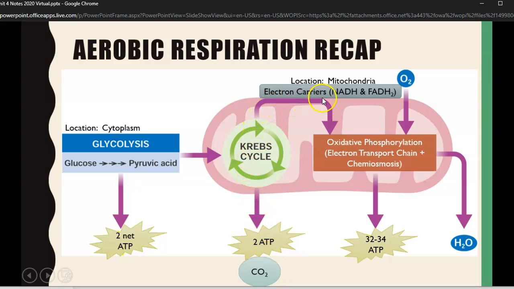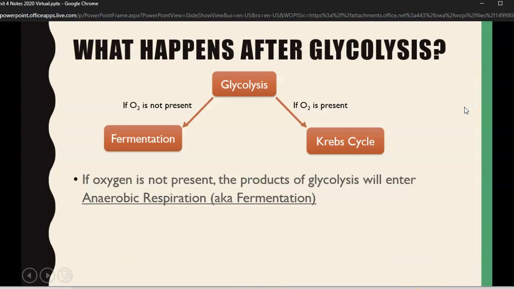Then the electron carriers, your NADH and your FADH2, take it to the cristae where you go through your electron transport chain, which we call oxidative phosphorylation. We got some oxygen added here, and we're creating a lot of energy with also some water.